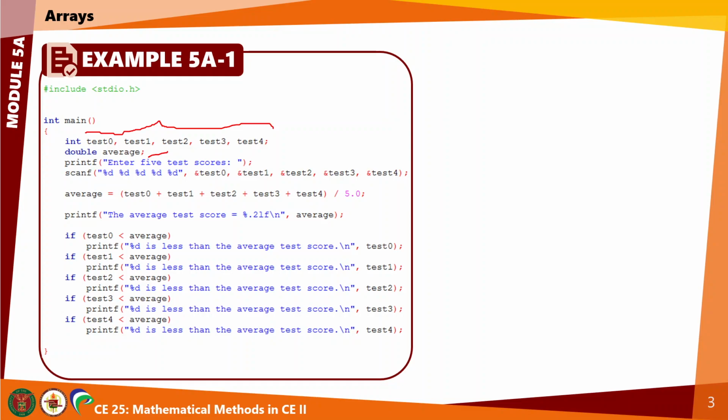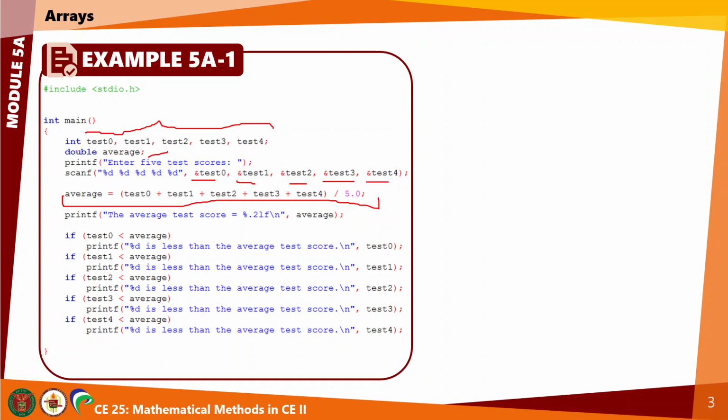It asks the user to enter 5 test scores, and then these test scores will be stored in each of these integer variables, test 0 until test 4, right? After asking for those 5 test scores, the program calculates the average by adding all the test scores and dividing that sum by 5.